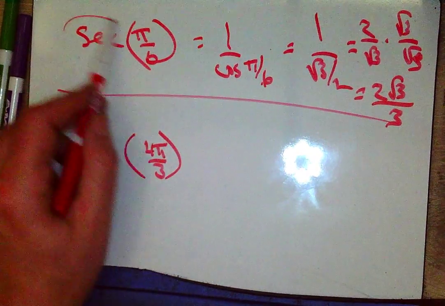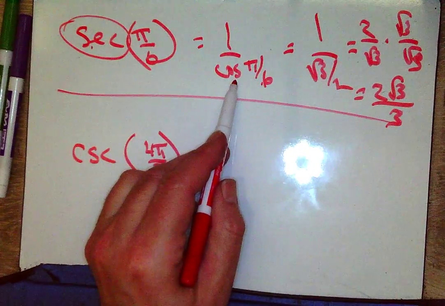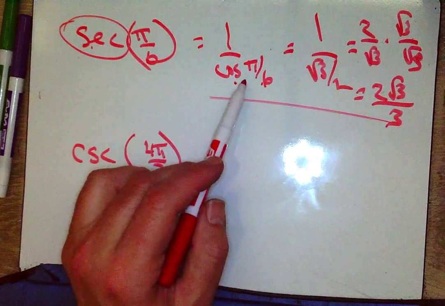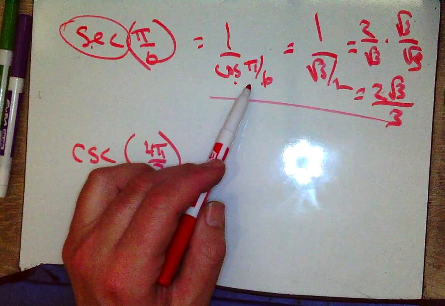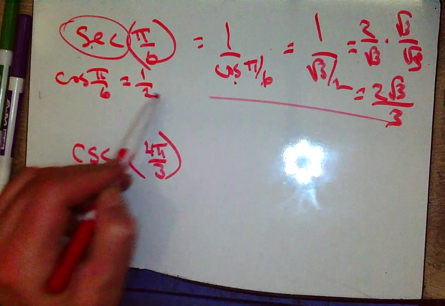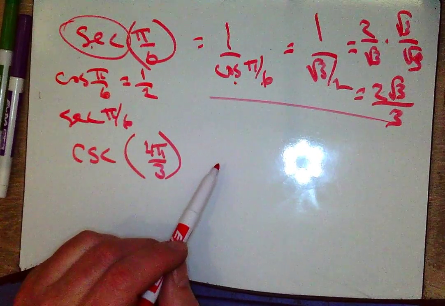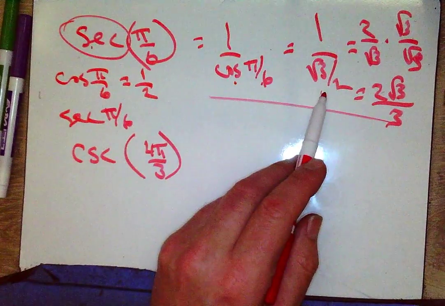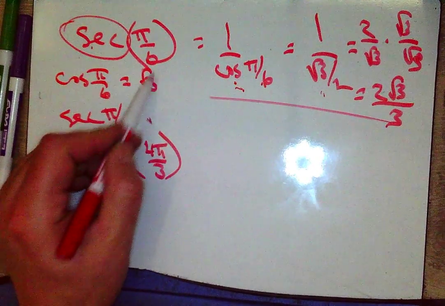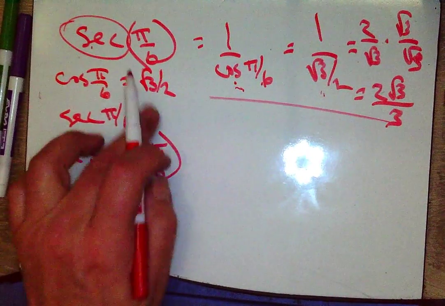I can also think about this as secant is the reciprocal of cosine. And if the cosine of pi over 6 is root 3 over 2, then the secant of pi over 6 is the reciprocal of that.